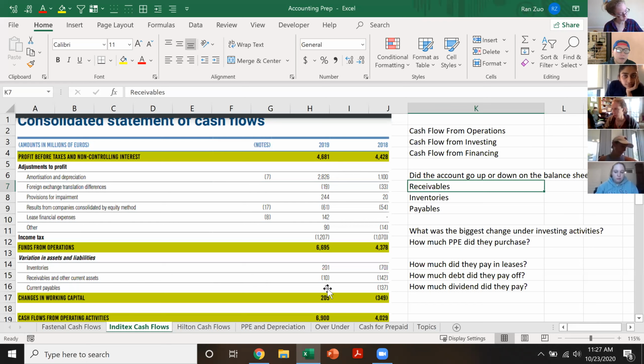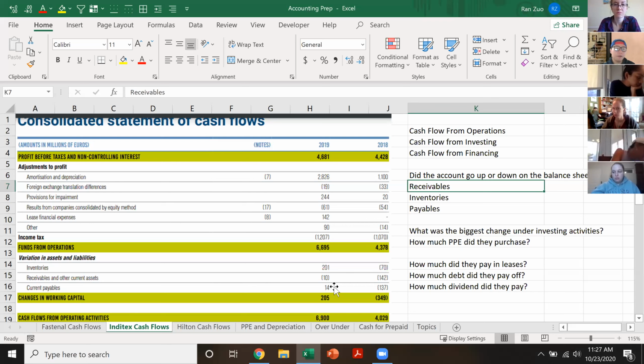This is saying that their accounts receivables went up by 10. So of that revenue, 10 wasn't collected in cash. There was an increase of 10 million euros of receivables, so they didn't collect that much money. And so you have to subtract it out of the net income to figure out exactly what happened with the cash activity. Does that make sense, Tommy? Yeah, thank you. That helps.